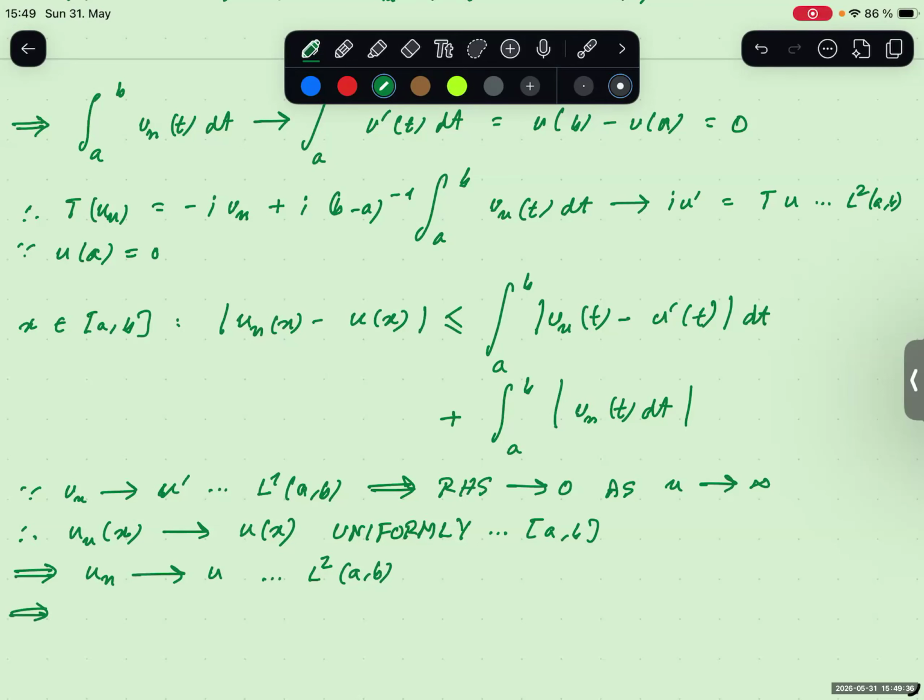And this then naturally tells us that T u_n converges to T u in L2(a,b). And that ends our conclusion.